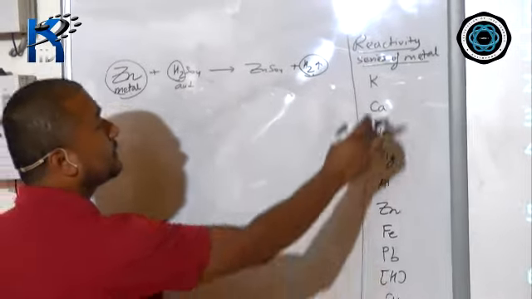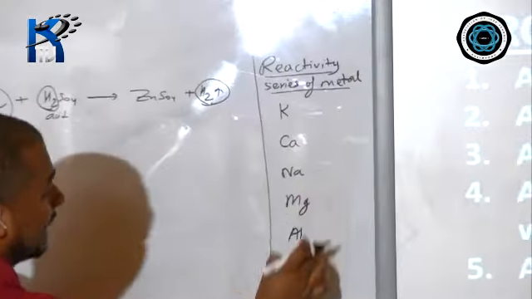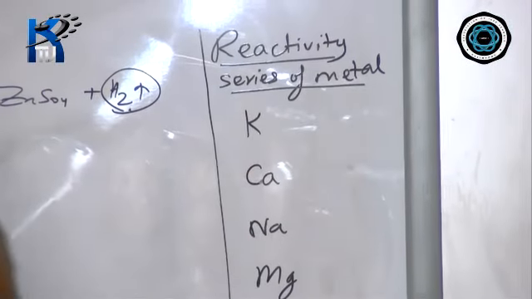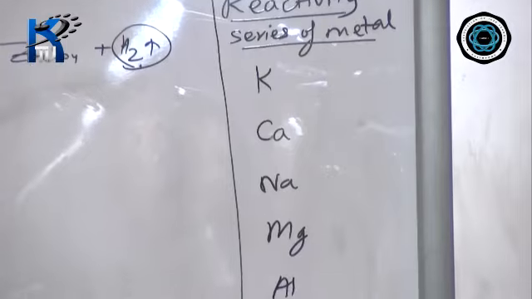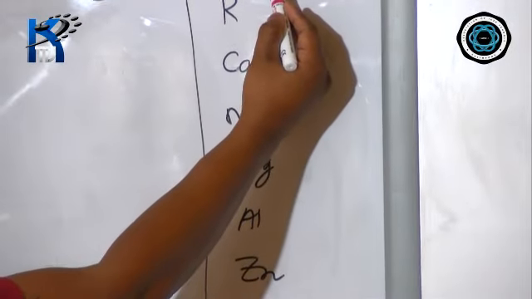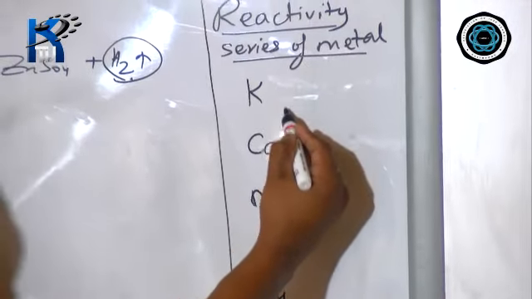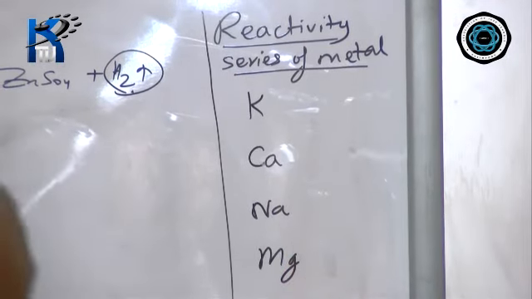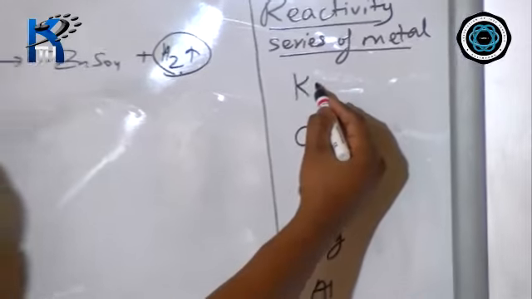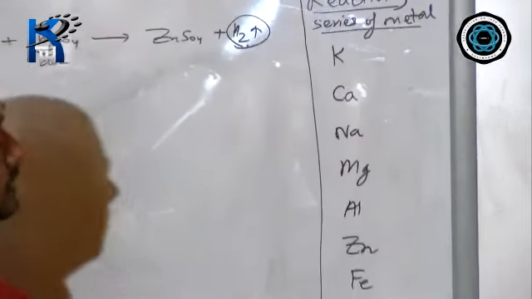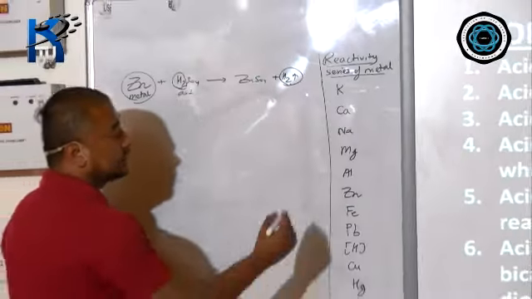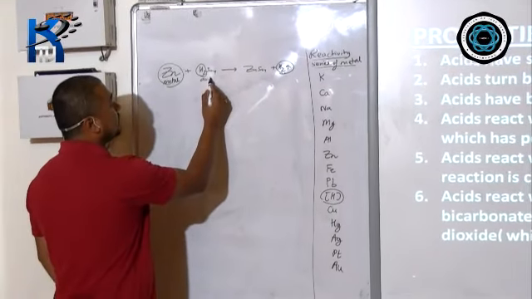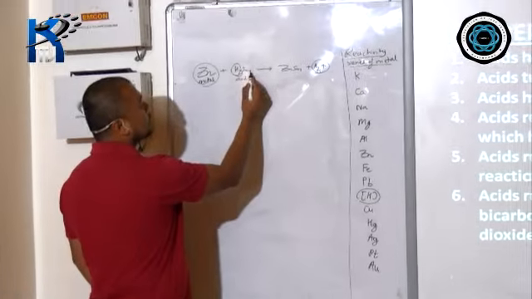So students, do remember the reactivity series of metals. The metals which are above are highly reactive, the metals which are below are less reactive. So the reactivity series is that series in which metals are arranged in decreasing order of their reactivity. Decreasing order of reactivity means the one which is above is highly reactive, the one which is down is less reactive. So if you see, hydrogen is here. And in this reaction, if you see, students, a displacement reaction is occurring.